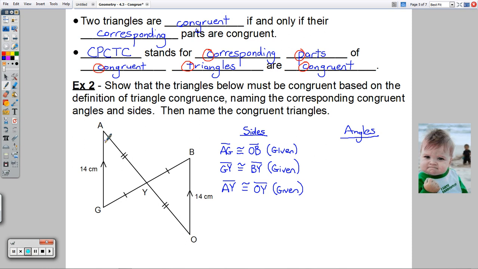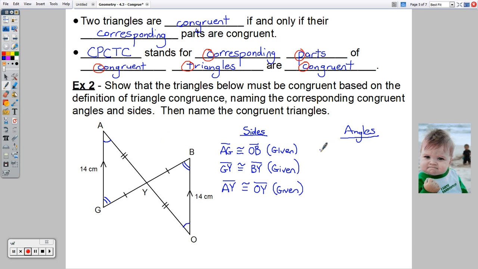We can say then that this angle A matches up with angle O. We can also say that angle G matches up with angle B based on that. For the same reasons here and here, this transversal and this transversal with respect to these two parallel lines, these are alternate interior angles, here, here, here, and here.